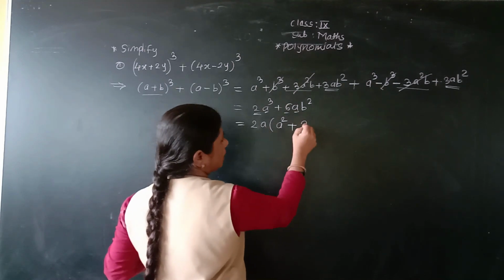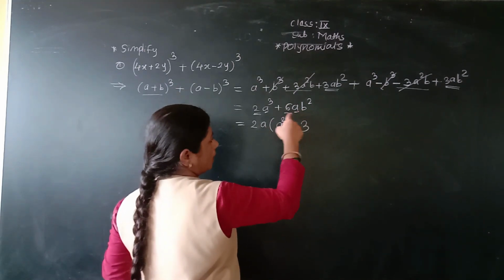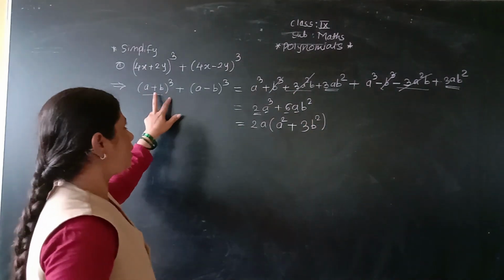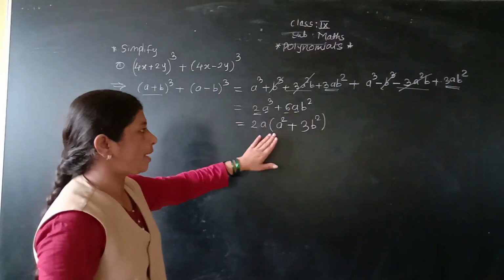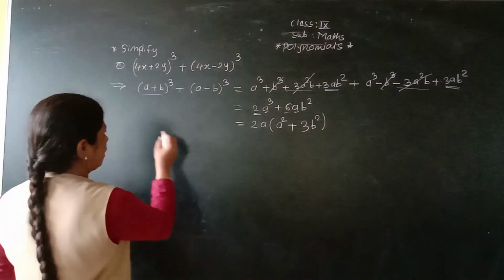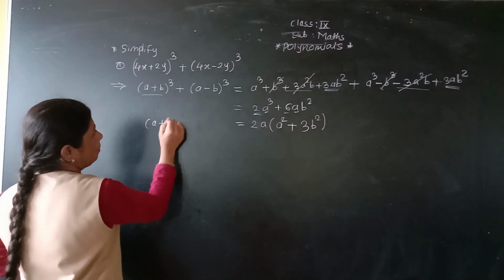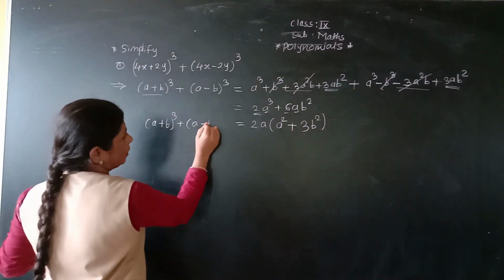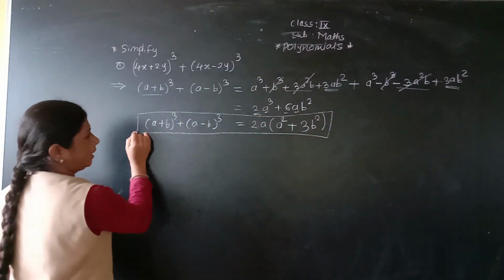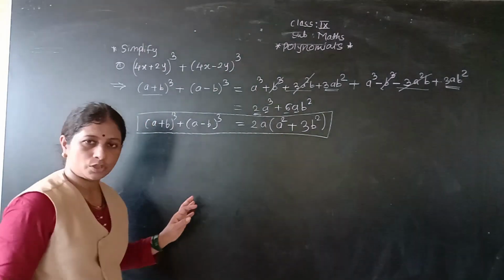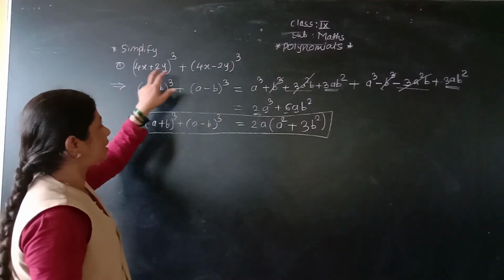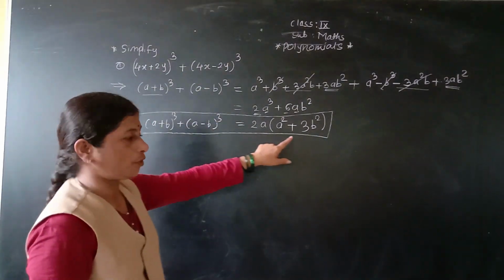Plus 2 3s are 6, and here a is already out, so 3b^2. So the final expansion for (a + b)^3 + (a - b)^3 you will get 2a(a^2 + 3b^2). So if any numerical example like this comes in this form, we can use this direct formula. Okay.